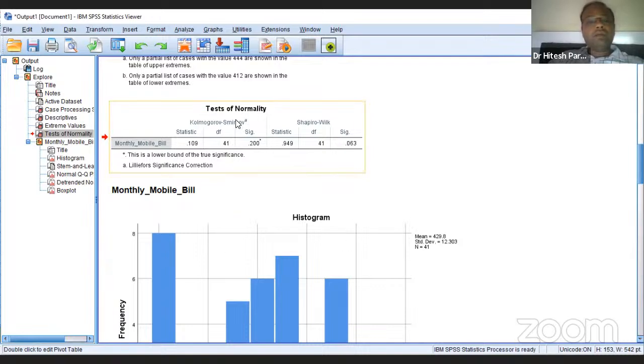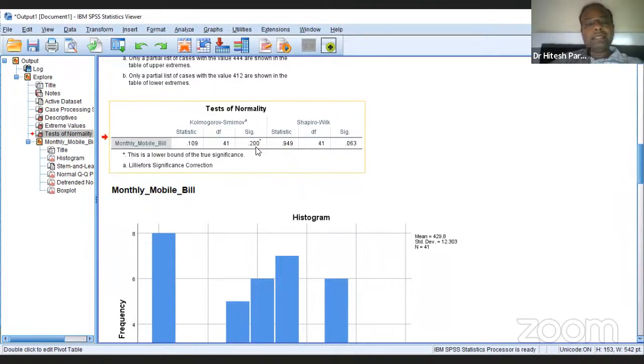Now, in the test of normality, there are two tests: the Kolmogorov-Smirnov test and the Shapiro-Wilk test. Both tests are separate from each other and are reported simultaneously in SPSS, so you will observe two p-values, one for the KS test and a second for the SW test.